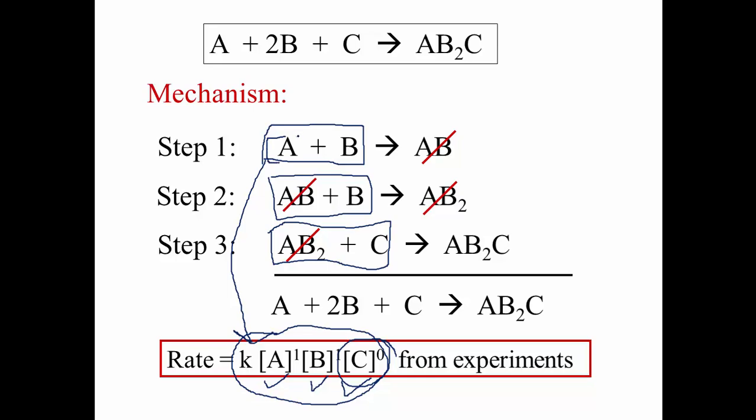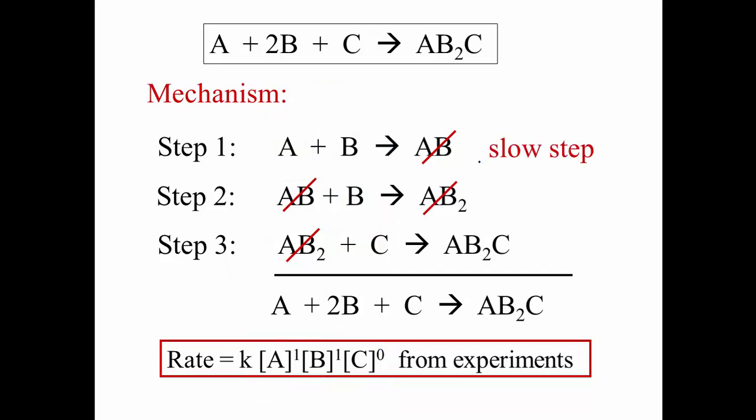So if we wrote the rate law from the molecularity, which we can do since it's an elementary step, we would get this. This does match our experimental rate law. These others do not match our experimental rate law, so this must be the slow step. The slow step has to have a rate law written from the reactant's molecularity that matches the experimental rate law.